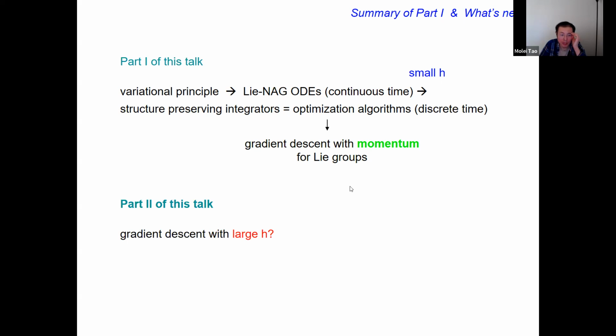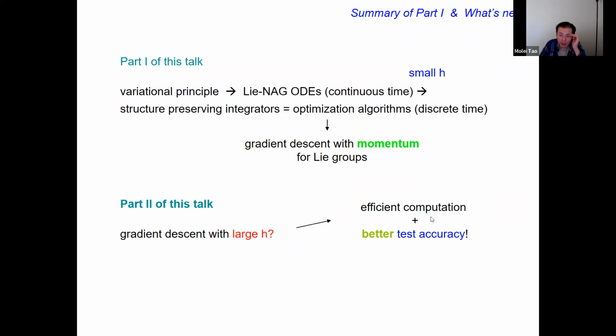So I want to understand what happens to gradient descent if your learning rate, your time step, is big. Of course, one easy thing to say is that you will get efficient computation if you still have convergence. That's because if you want to simulate to a fixed time, call the time t, the bigger h is, the smaller t over h would be. So you would spend fewer steps.